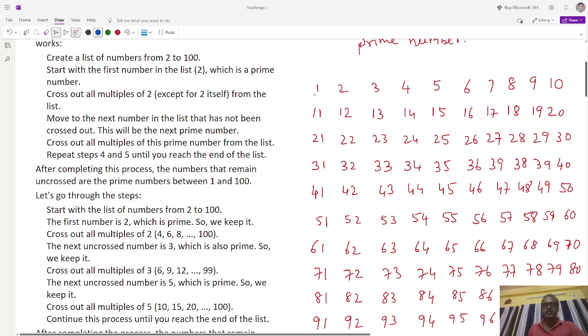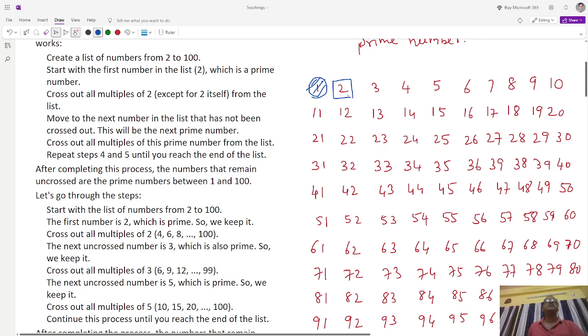I already told you that 1 is neither prime nor composite, so it is removed from this table. Now start with the first number in the list, 2, which is a prime number. We box it.